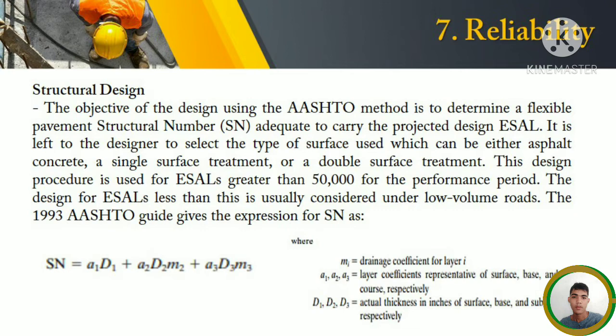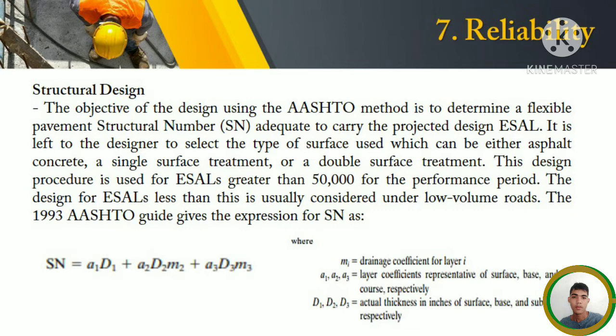The 1993 AASHTO guide gives the expression for SN as SN equals a sub 1 times d sub 1 times m sub 1, plus a sub 2 times d sub 2 times m sub 2, plus a sub 3 times d sub 3 times m sub 3, where m sub i is the drainage coefficient for layer i, and a sub 1, a sub 2, a sub 3 are the layer coefficients representative of surface, base, and sub-base courses respectively.